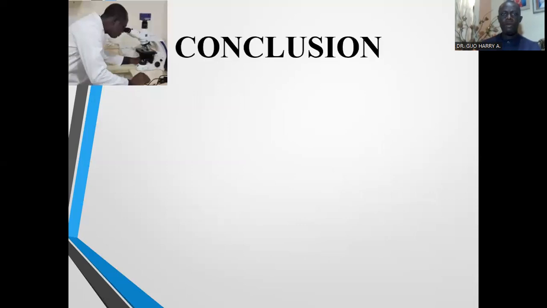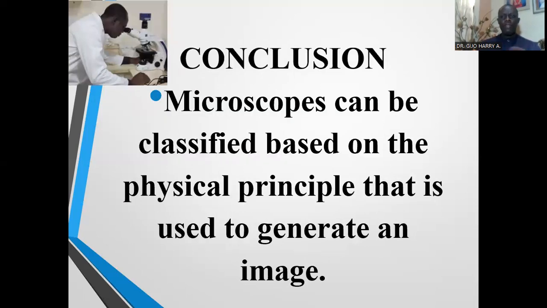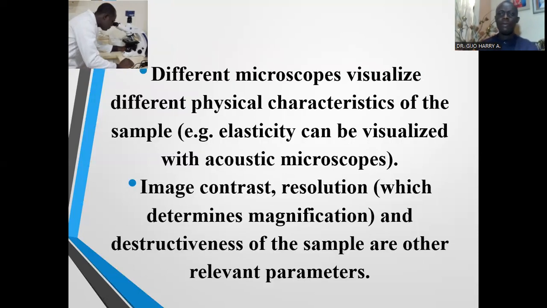Now, conclusion. We have discussed various types of microscopes. Microscopes, as we have discussed, can be classified based on the physical principle that is used to generate an image. And as such, we looked at the optical microscopes, the electron microscope, the scanning acoustic microscope, the neutron microscopes, the X-ray microscopes, and others.